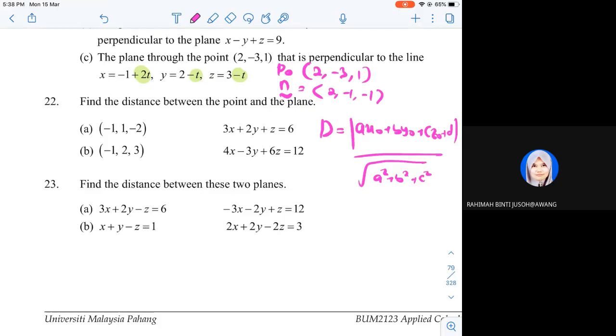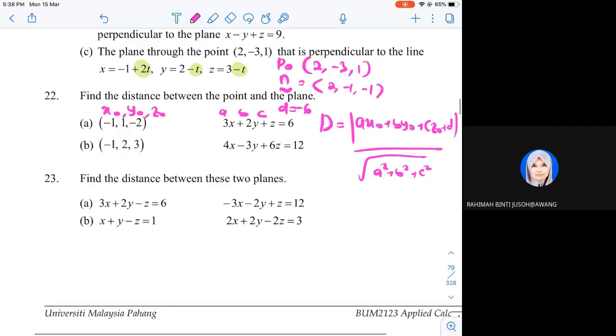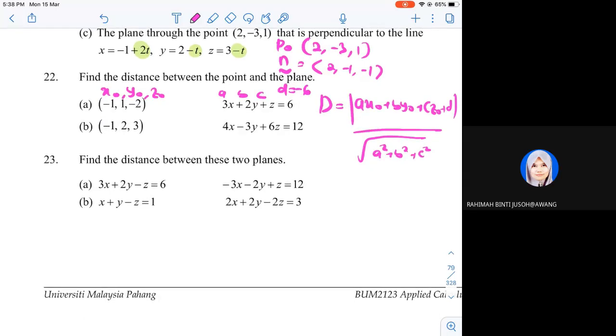So you hanya perlu ambil yang ni adalah ganti dalam formula je guys. This one x naught, y naught, z naught, and then this one a, b, c. Okay, tapi make sure your 6 ni pindah ke sebelah kiri. So your D will be -6. Yes, very good. You pindahkan ke sebelah kiri.